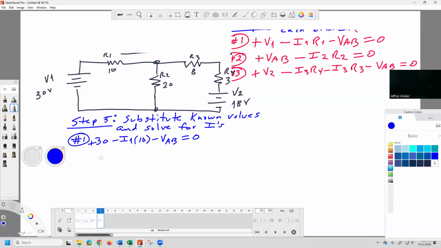We're going to have minus I1 10 equals VAB minus 30. I1 equals minus VAB plus 30 divided by 10. You see what I did? All I did was solve for I1.